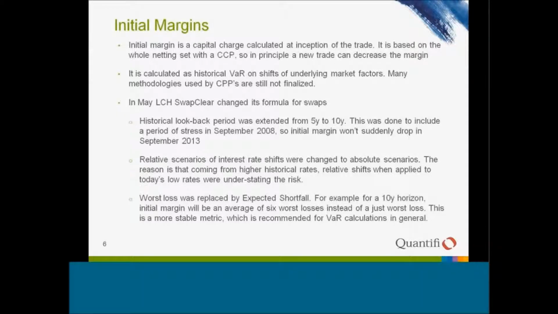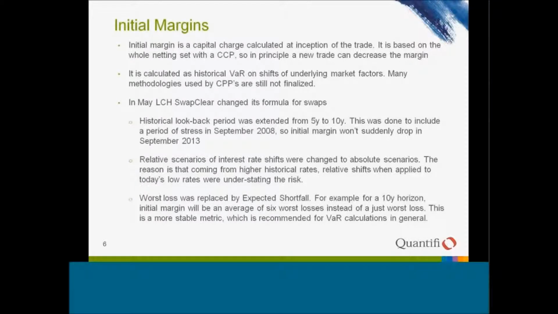And the reason is that 5 years ago we had high interest rates, so relative shifts when applied to today's low rates, we are basically understating the risk. While if you apply absolute shifts now, then there will definitely be some big movement. So both these changes basically tend to increase initial margins.